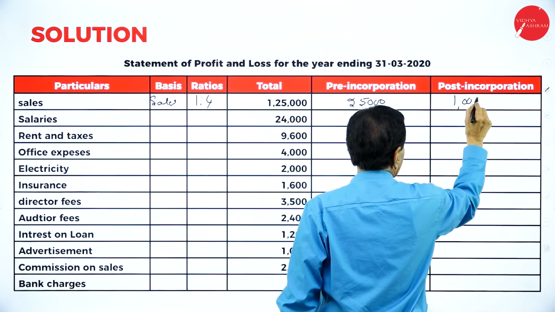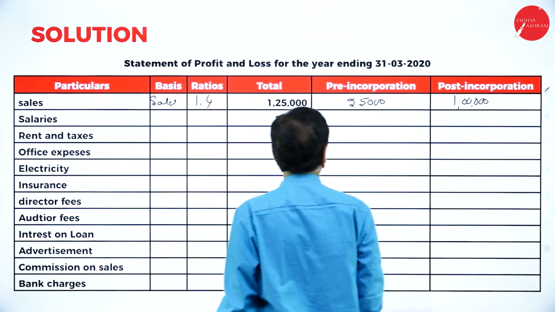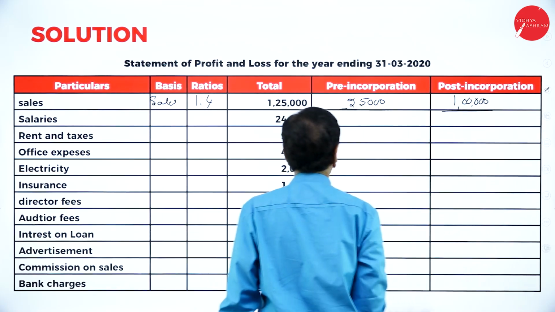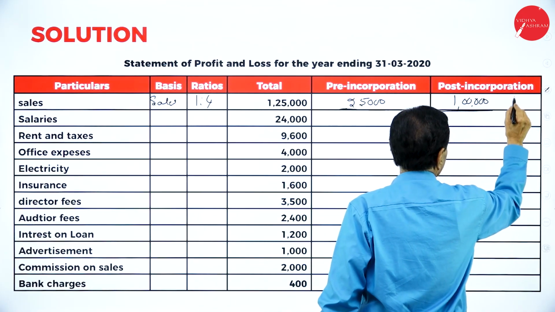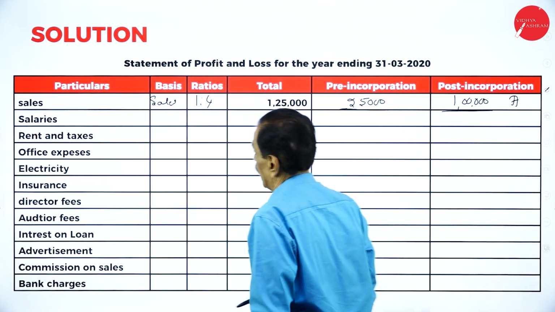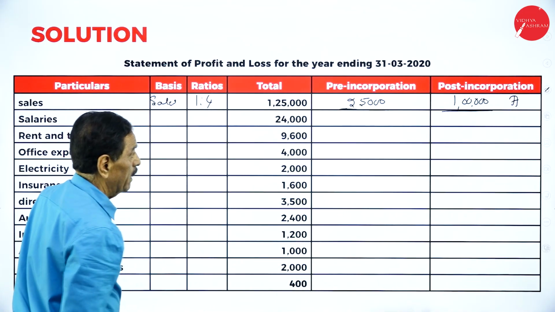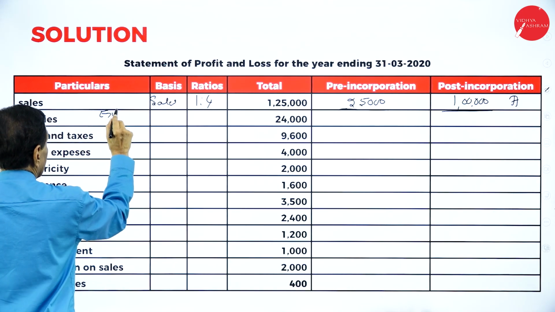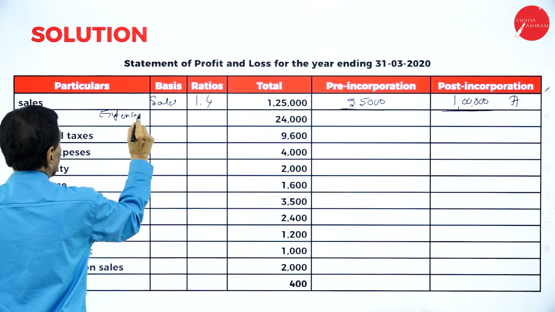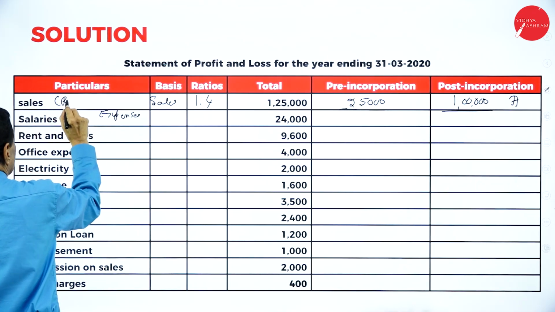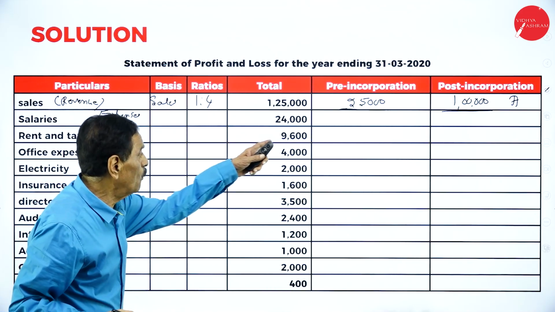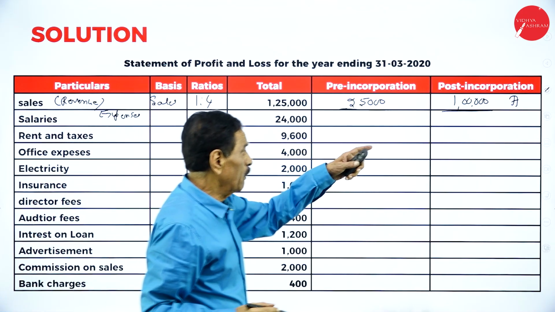Post-incorporation is 1 lakh. We'll underline this. You consider this as A. Come back. 1 by 1. Divide. All these are expenses. This is revenue. Sales 1:4, 25,000, 1 lakh.